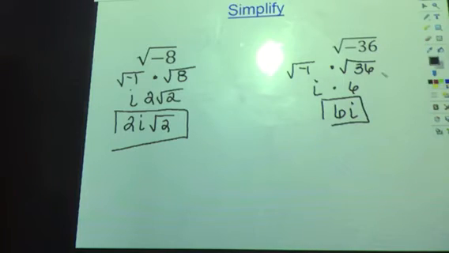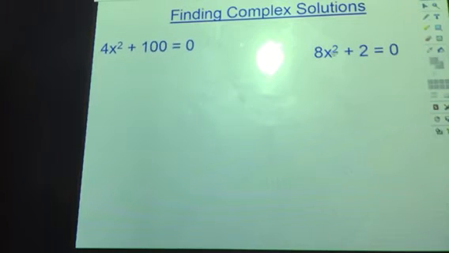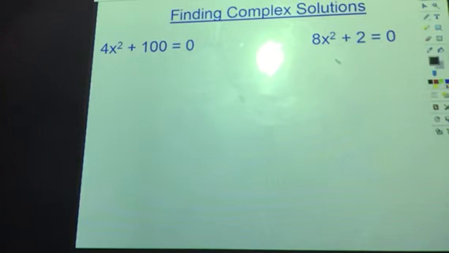Okay? So now, let's see how we can incorporate this into what we've already been doing, solving and factoring quadratics and looking at their x-intercepts. Okay? So next, we have two problems, and we're going to solve them not by factoring, but using another method that we worked previously in class.